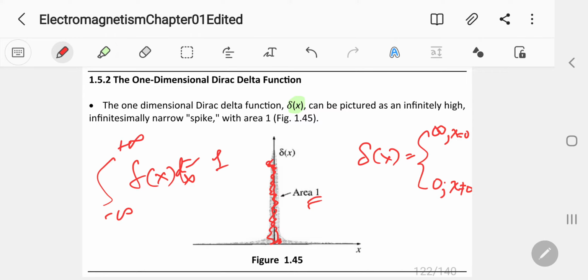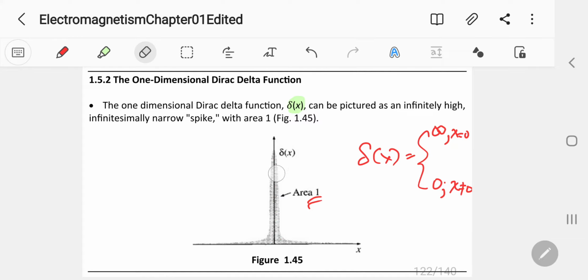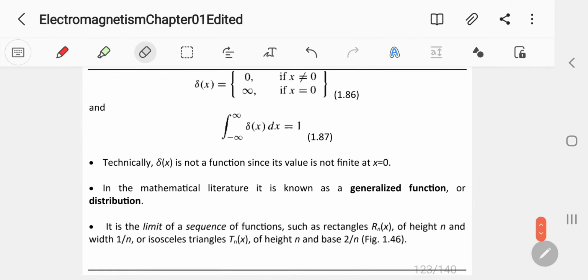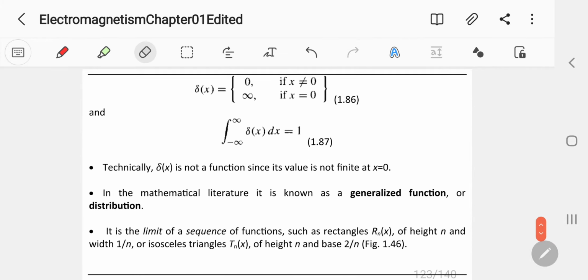So let's look at the properties of the Dirac delta function.